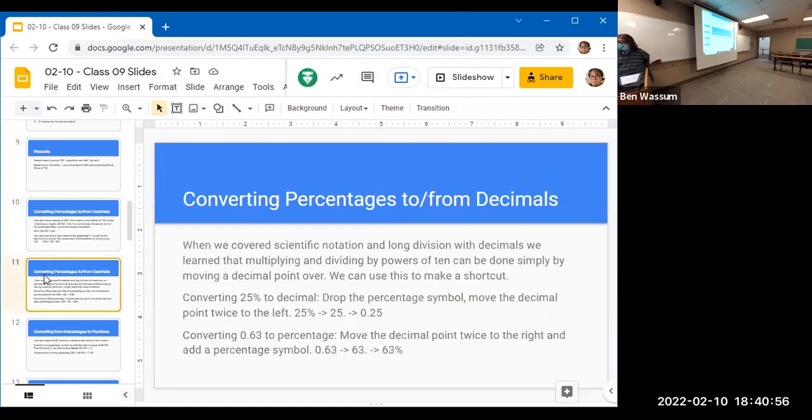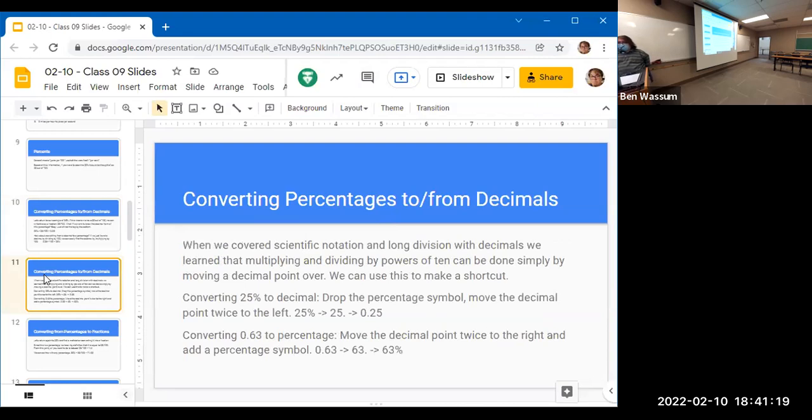So easiest way to do these, instead of actually doing the math of multiplying or dividing by 100, you can kind of see what's happening by doing that, right? It's just moving over the decimals. Same thing we did with scientific notation. Same thing we did when we were doing long division with decimals and we had to move things over. We can just use it as a shortcut.